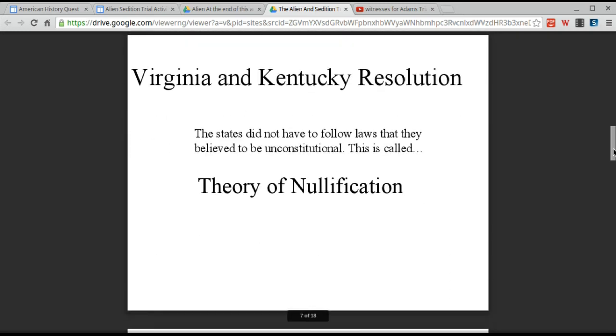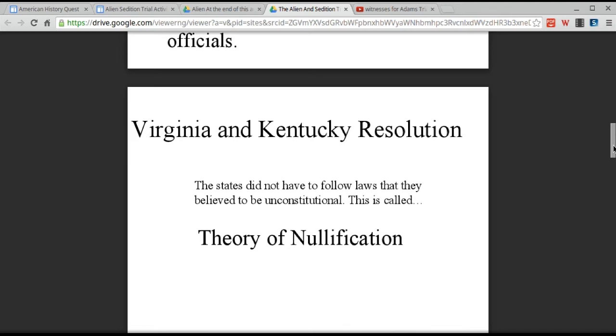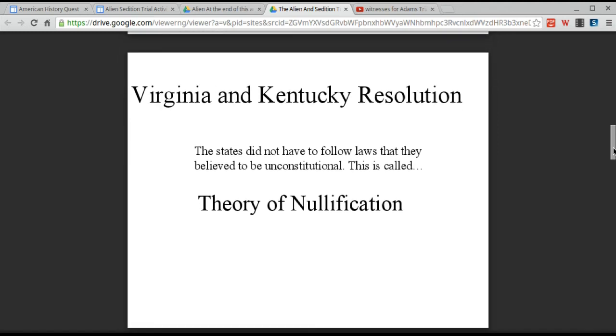Now, Jefferson and his friend Madison, two very important people in this trial, write things called the Virginia and Kentucky Resolutions. The Virginia and Kentucky Resolutions state that the independent states do not have to follow any laws that they believe are unconstitutional. And we call this the theory of nullification. Now, probably most people who are watching the screencast know that today the Supreme Court has the power to declare laws unconstitutional. But at this point, it was unclear who exactly had the power to declare laws unconstitutional.